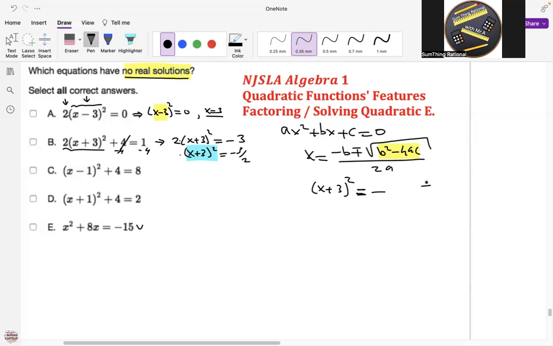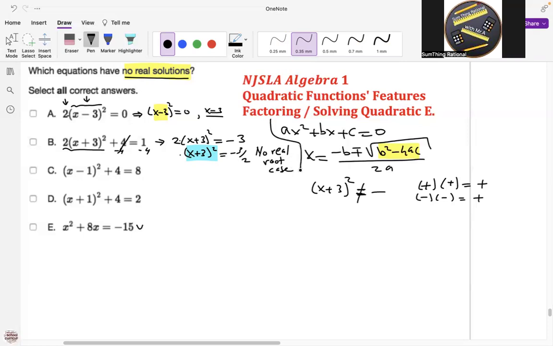In mathematics, we know that a positive number multiplied by a positive number gives a positive number, and a negative number multiplied by itself gives a positive number, yeah? Assume that x plus 3 is any number, its square cannot be negative, okay? (x plus 3) whole square cannot be negative. Because of that, this is a no real root case, okay?